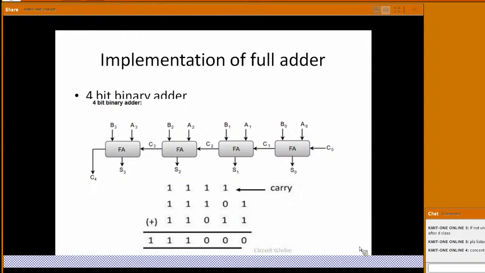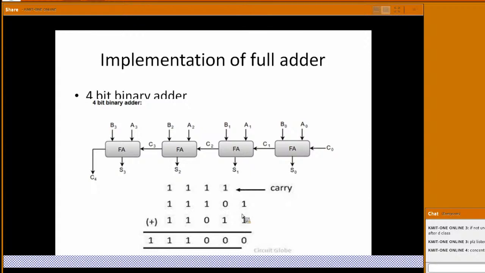Now, what are the two inputs of the second full adder? A1 and B1. What is A1? 0. B1 is your 1. So the second bits of the register A and B are given as input.